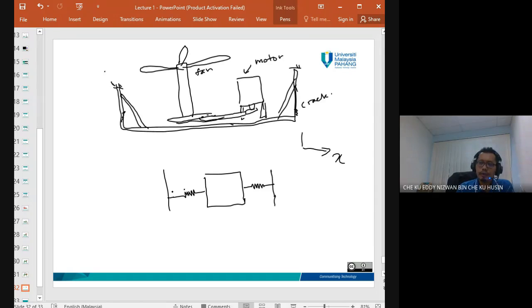With the new K equivalent, you can estimate the new natural frequency. If the new natural frequency is higher than the current one, because this one is in resonance, I believe it's around 7 hertz, then we want to make the natural frequency away from 7 hertz.